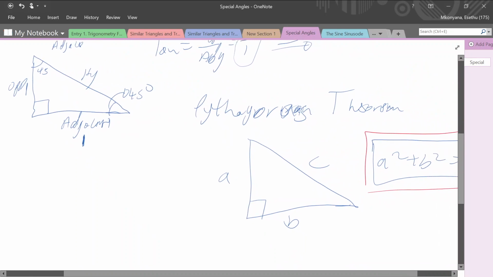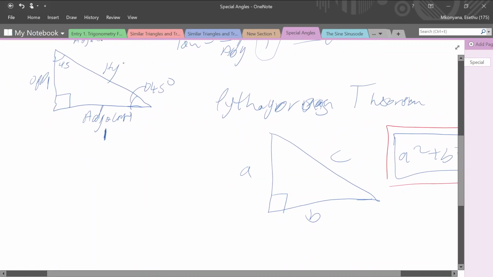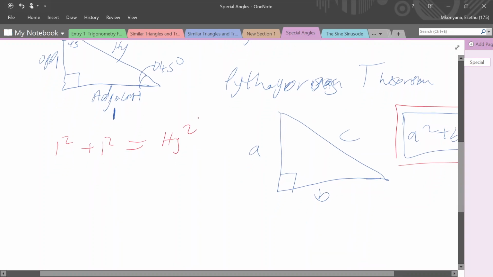So now you can calculate what the hypotenuse is supposed to be here, because you can see that we have the opposite and adjacent, which are represented there by the Pythagorean theorem. So we have 1 squared plus 1 squared is equal to hypotenuse squared. And then you can take a root here.